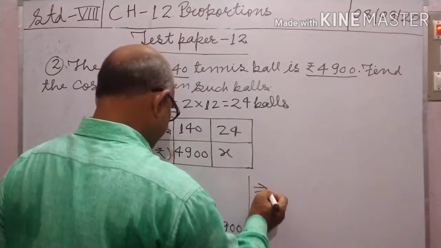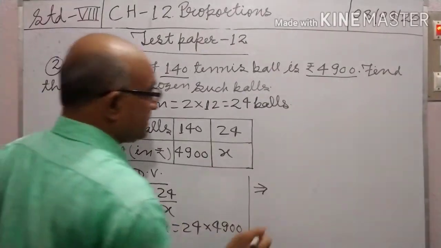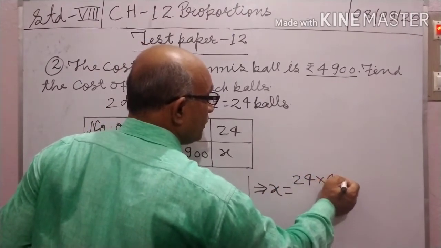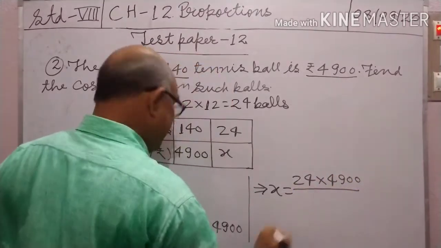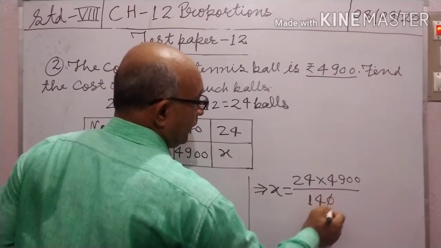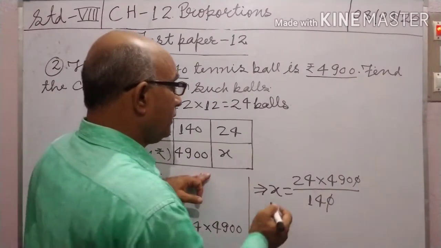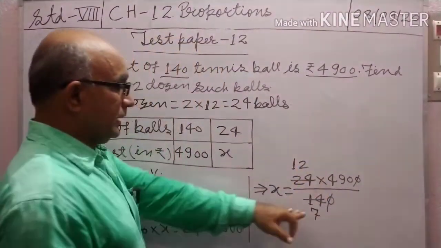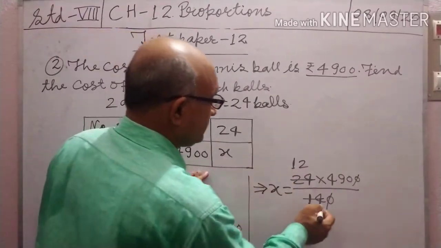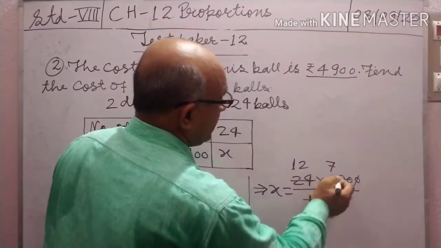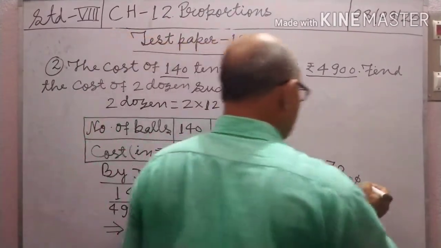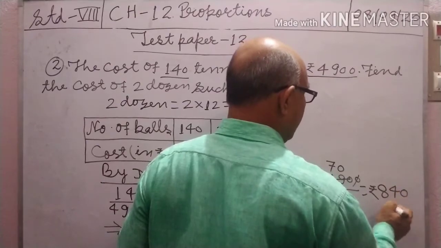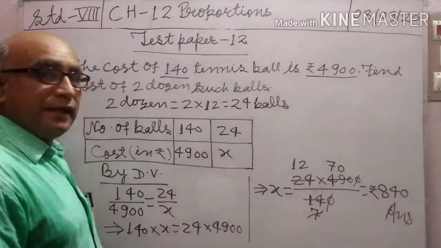That implies X equal to 24 into 4,900 divided by 140, since multiplication is changed into division on transposition. 10 and 10 cancel. 7 twos are 14, 7 twelves are 84, so X equals rupees 840. Answer. Understand and write it.